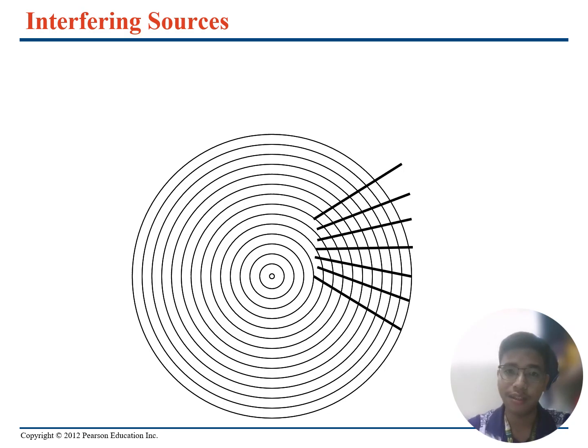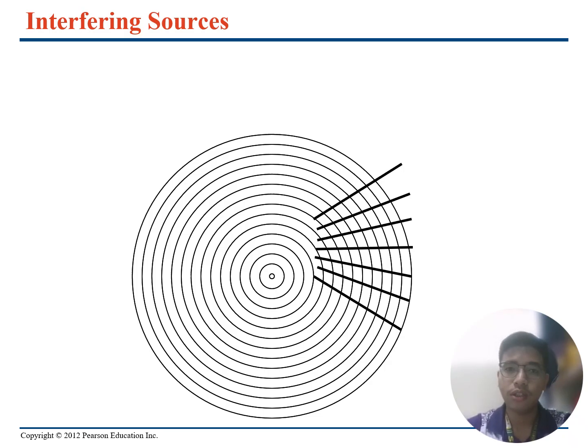In some locations, the waves arrive in phase and produce constructive interference. In other locations, they arrive out of phase and produce destructive interference. The result is a series of alternating regions of reinforcement and cancellation.